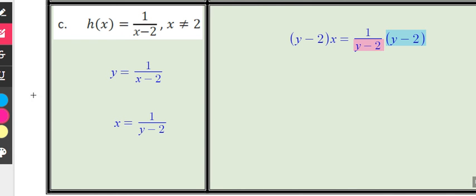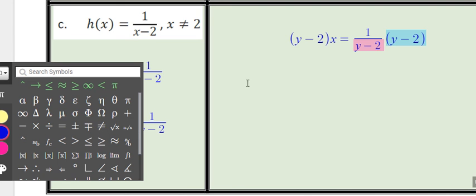So they go away completely, leaving us with y minus 2 times x equals 1.